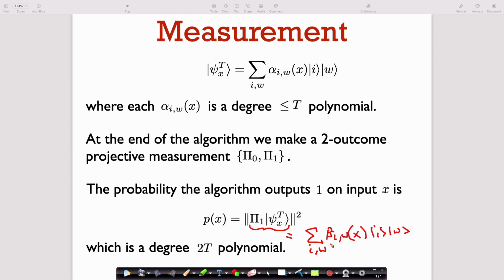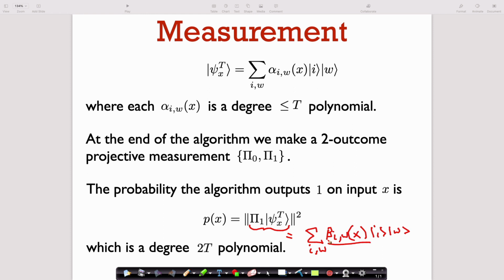And these amplitudes, beta_iw, are still going to be polynomials of degree at most capital T. This is just like the case we saw before when we apply a unitary. The unitary was independent of x. Likewise, these projective measurements are fixed by the algorithm and independent of any particular input x. So this does not increase the degree of these amplitude functions.